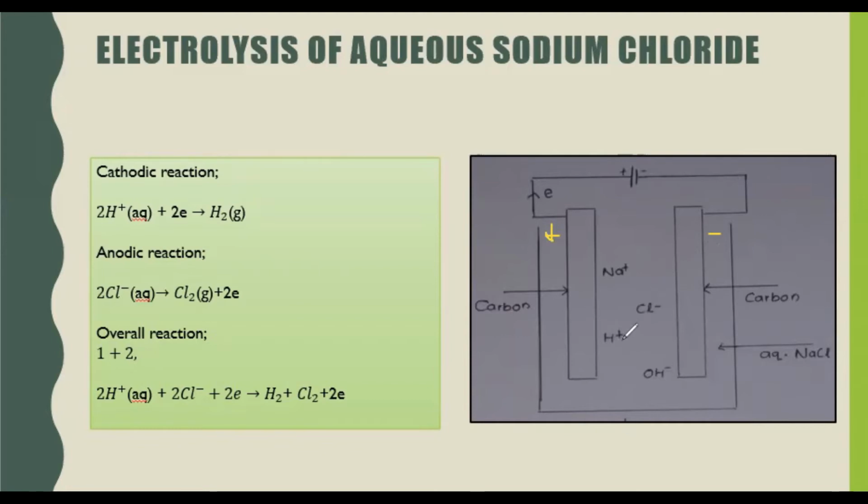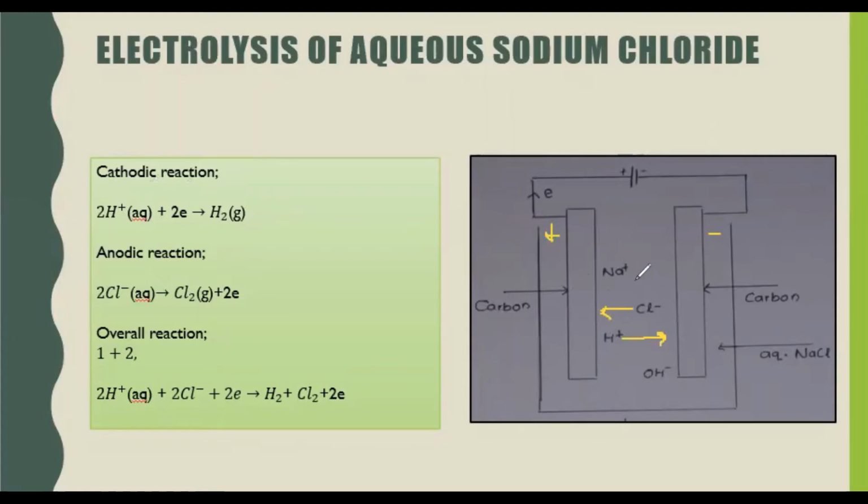So what happens? This H plus will go near this negative electrode and it will get reduced. Then two negative ions are also there, Cl minus and OH minus. From these two, Cl minus will get the chance of going here and Cl minus will get oxidized. You can see the reactions.